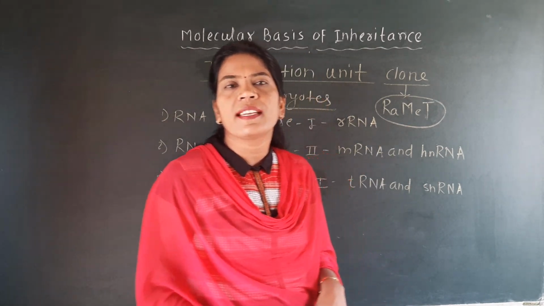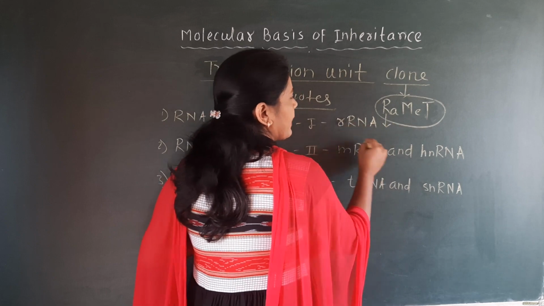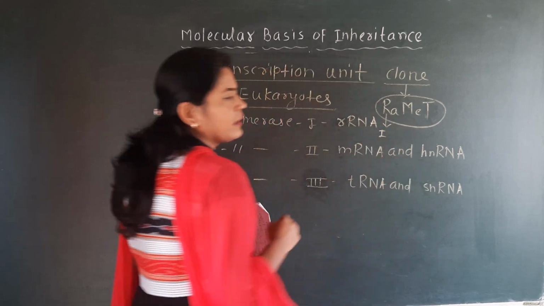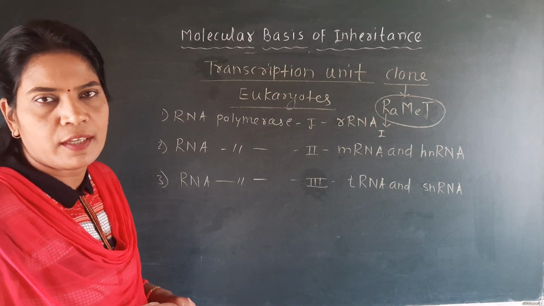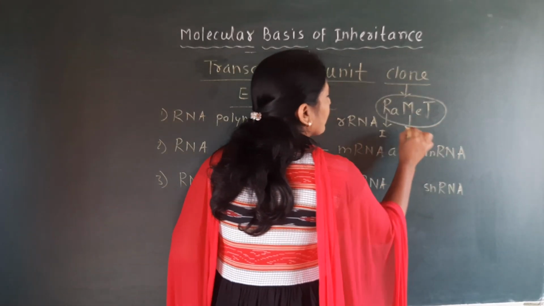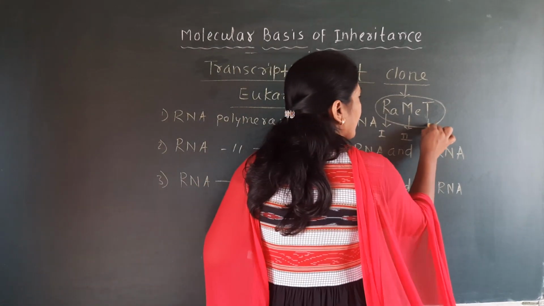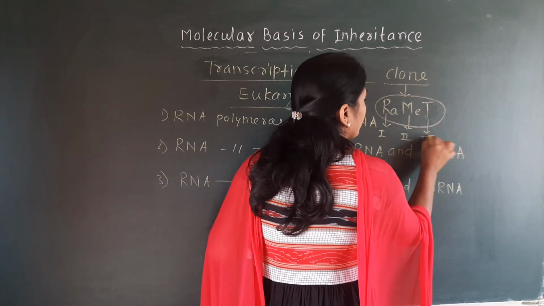And how can this trick be useful? See here, R means rRNA. Here polymerase 1 is involved. M means mRNA. Here polymerase 2 is involved. T means tRNA. Here polymerase 3 is involved.